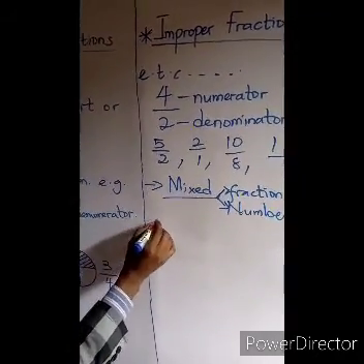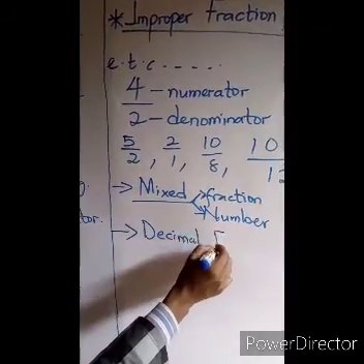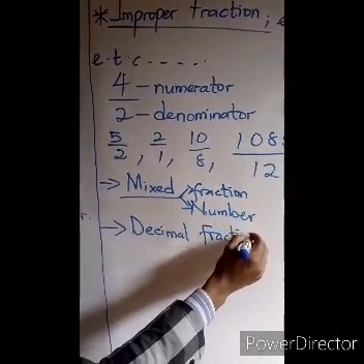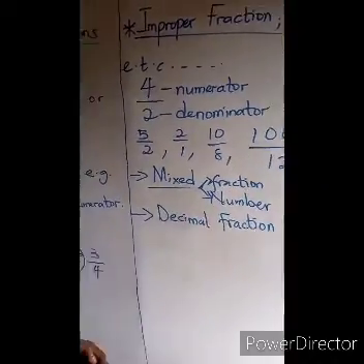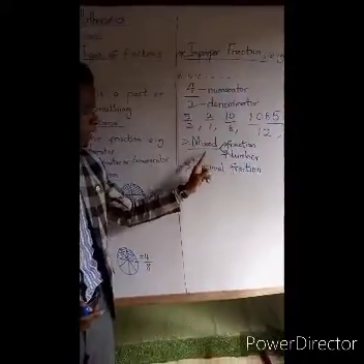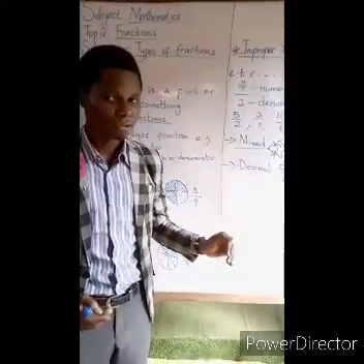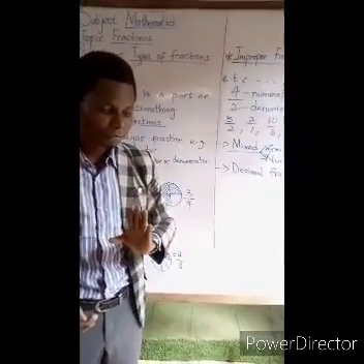And also we'll be looking at decimal fraction. Yes, this is the next target of discussion. Like I've told you, we'll be treating mixed fraction and decimal fraction as the remaining two types of fraction under the four types of fraction.